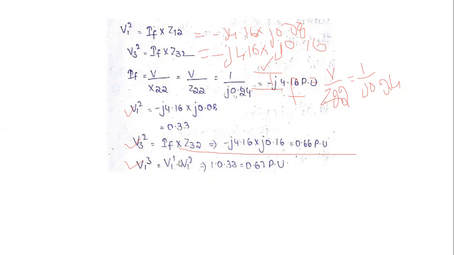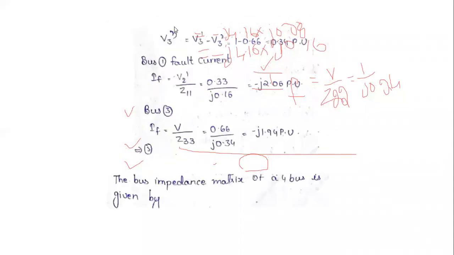Therefore 1 minus V1 square; V1 square value is 0.33. So 1 minus 0.33, and we obtain 0.67 per unit. This is the voltage at bus 1 during post fault condition. Similarly, we calculate the voltage at bus 2 and bus 3.